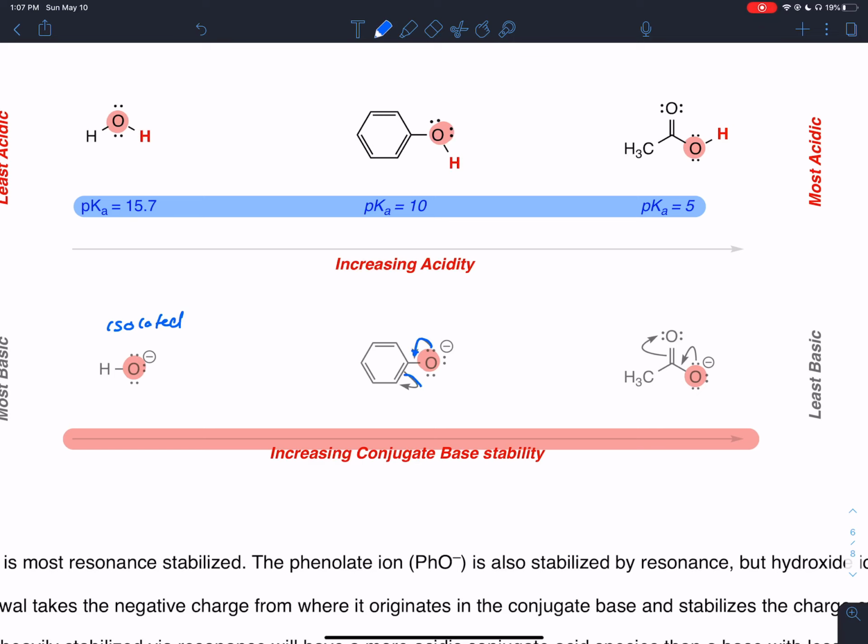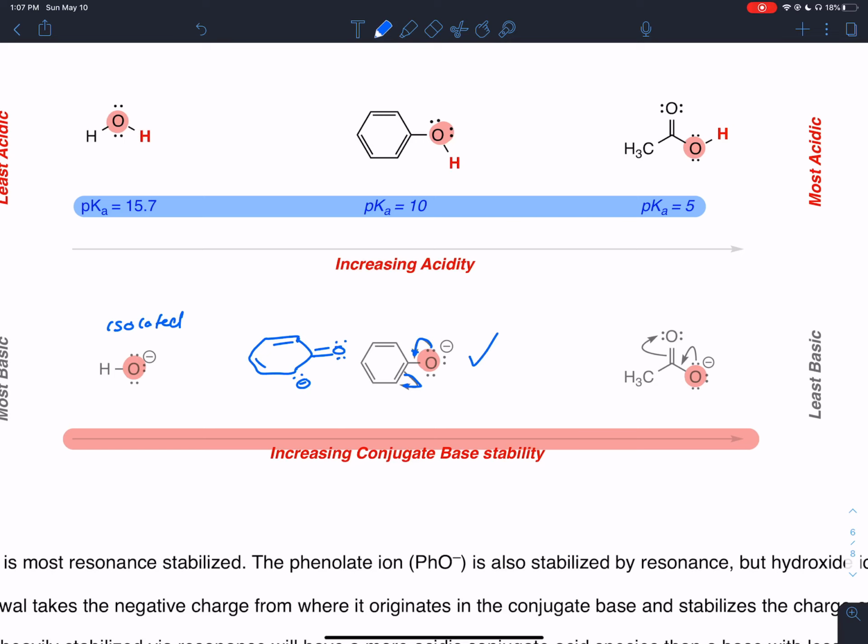It can resonate this negative charge around the ring, and we would create this resonance contributor here, okay, where we are delocalizing the negative charge around the ring across the pi system. Okay, so there is resonance stabilization of the negative charge here. There is not resonance stabilization of the negative charge there. We can view this as the resonance is withdrawing the electron density away from where the negative charge is originating on the oxygen atom, hence why I'm saying resonance withdrawal.